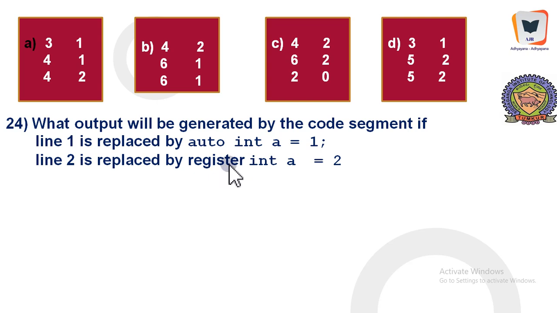Register int A, same is the case with a register variable. Of course register variables will have their own place of sanctity, but as far as their scope is concerned, they are also local. So here, in place of the static declaration, we will make the first line auto integer A and the second one register integer, within the function, that is over here.